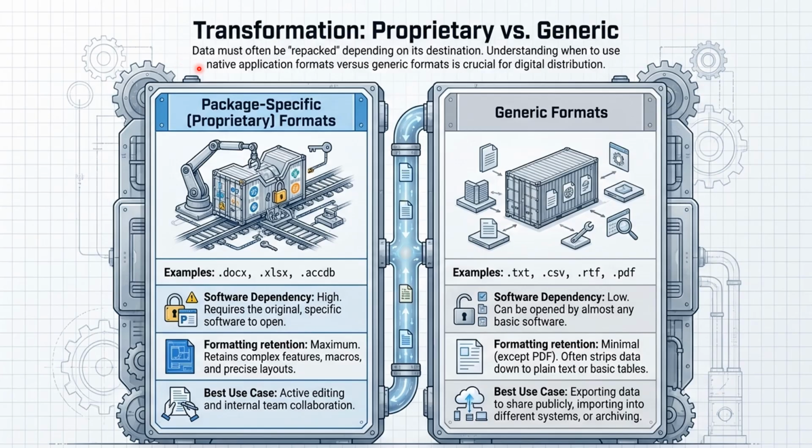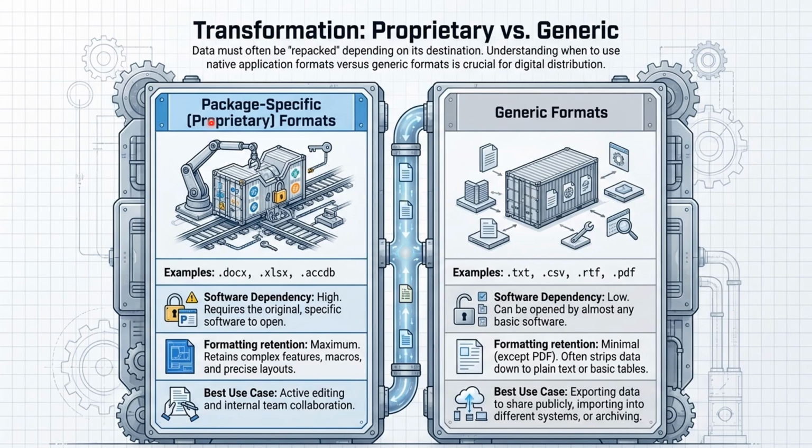Transformation, proprietary versus generic. Data must often be repacked depending on its destination. Understanding when to use native application formats versus generic formats is crucial for digital distribution.